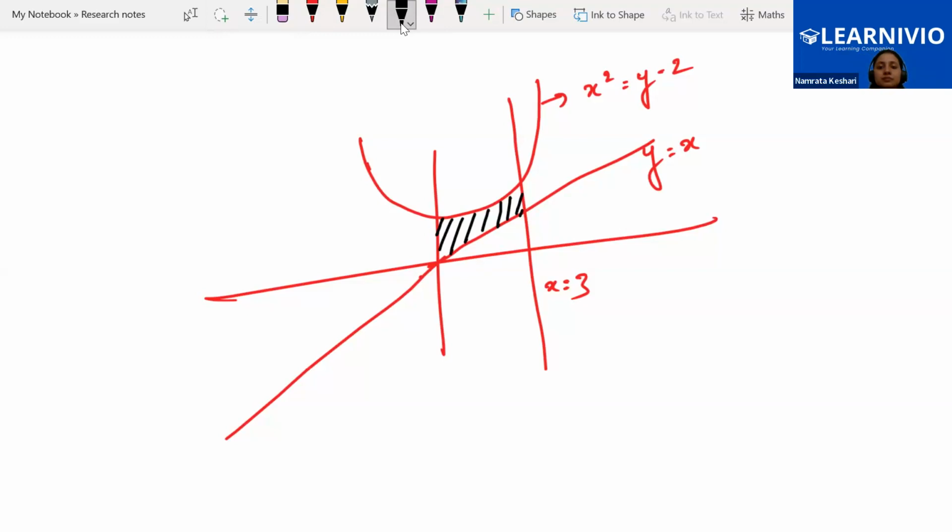Yes, ma'am. Okay, and now how will we find this area? Here we can take upward curve minus downward curve, right? Yes, ma'am. So we will take upward curve minus downward curve and find the area bounded by this. Now, find the point of intersection.